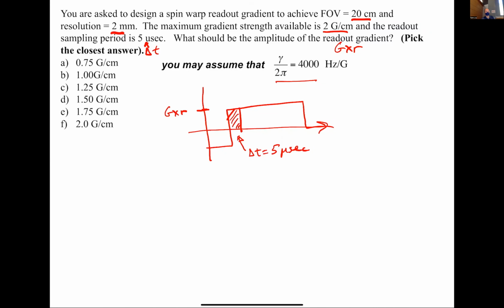We know delta kx is equal to gamma over 2 pi times GXR times delta t. If we just knew delta kx, then we could solve for GXR. So what determines delta kx? Which parameter? Everything else you can ignore, right?